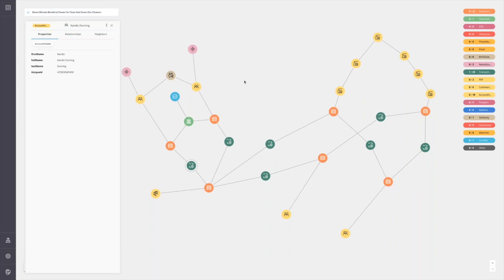But there are a number of enterprise-grade ETL tools available on the market, things like Informatica or Talend or Pentaho. And those tools can also be used with Neo4j. So we actually do a lot of work internally with Kettle, which is the underlying ETL tool for Pentaho's data integration.